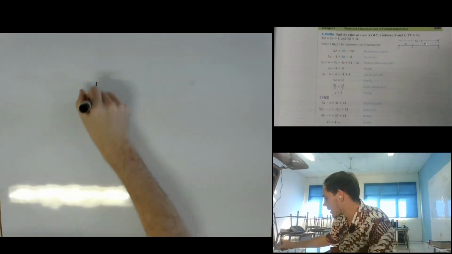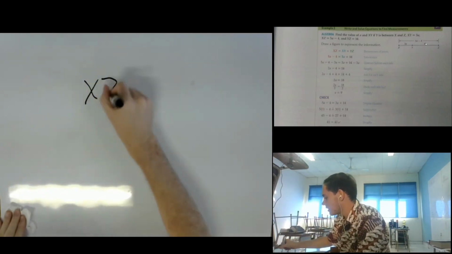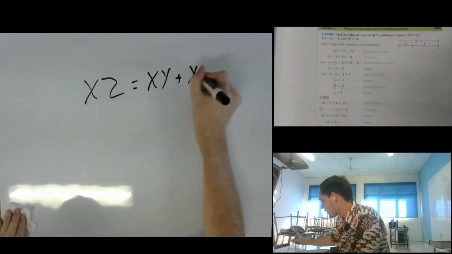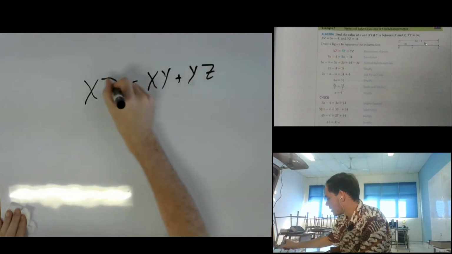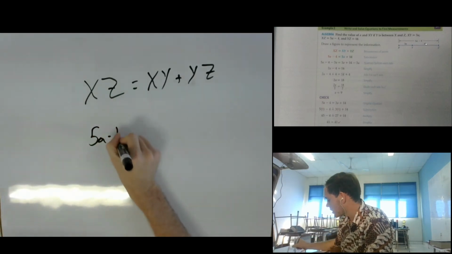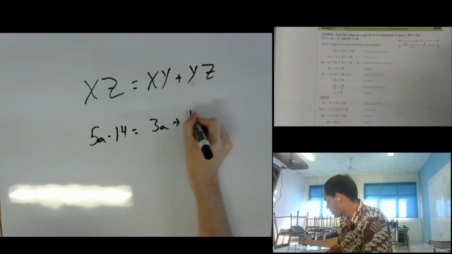Doing the math, XZ equals XY plus YZ. So XY is 5a minus 4 equals 3a plus 14.